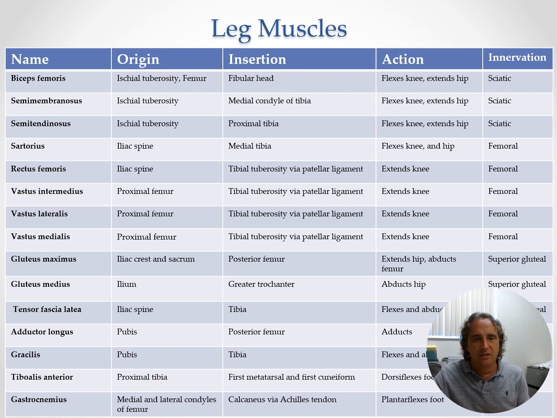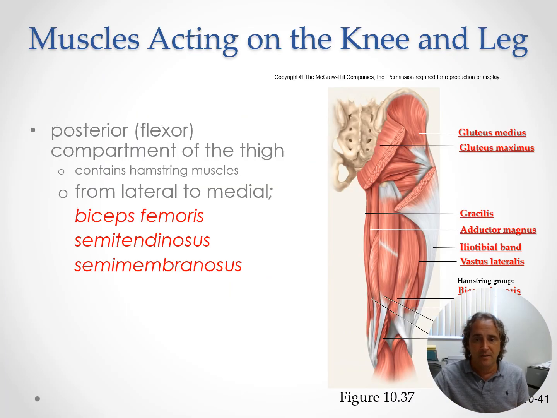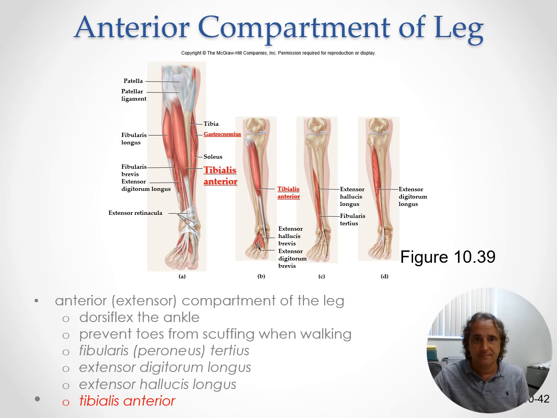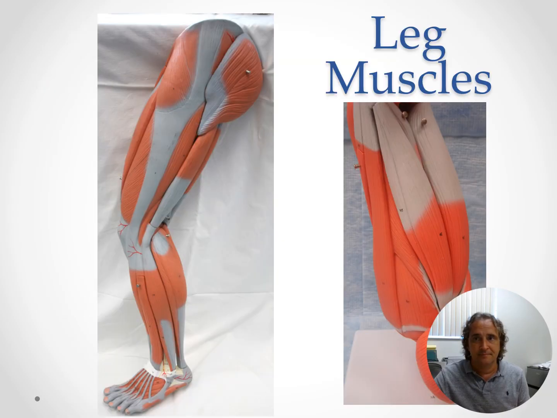That's the best way to go over this model and all of the other models that we have for the muscles. So please take your time and go through each individual muscle.